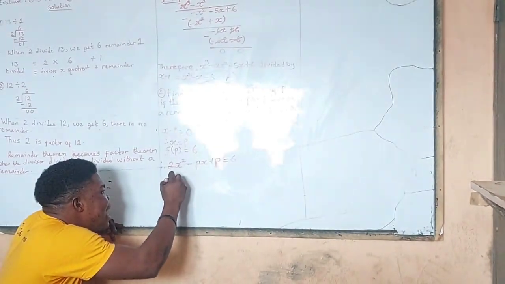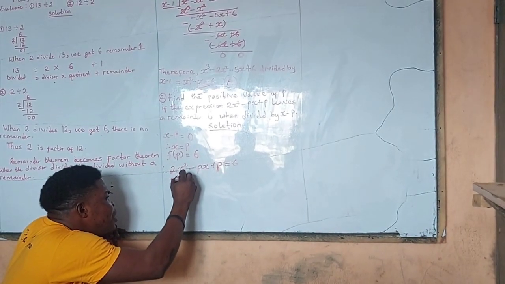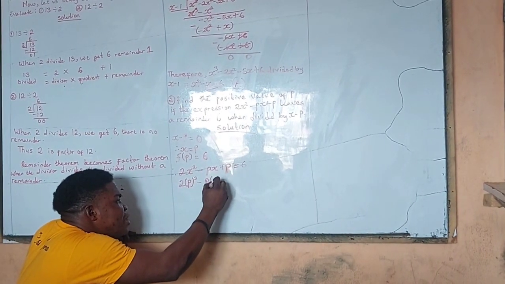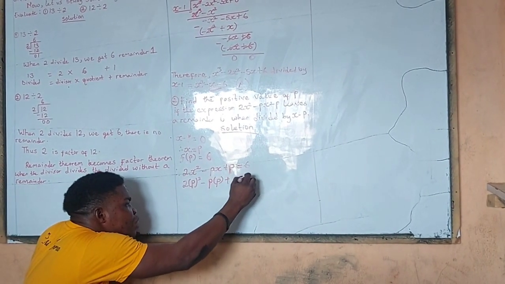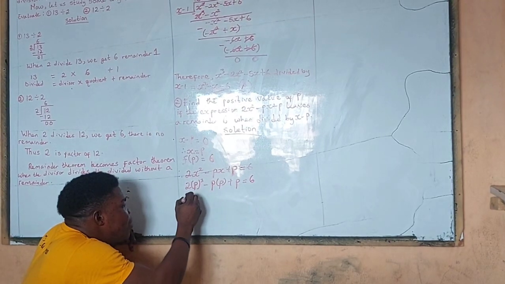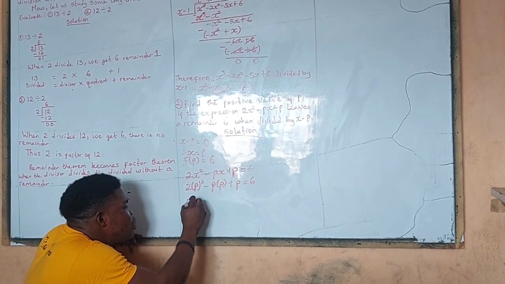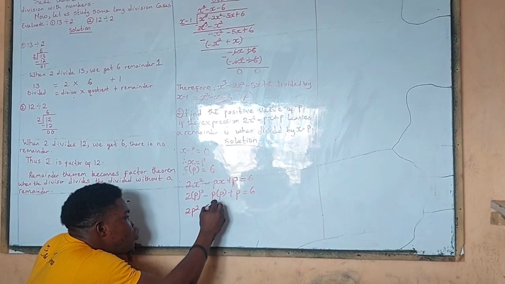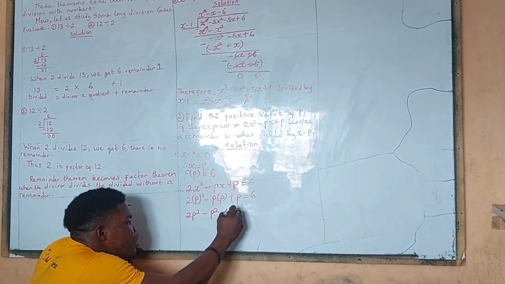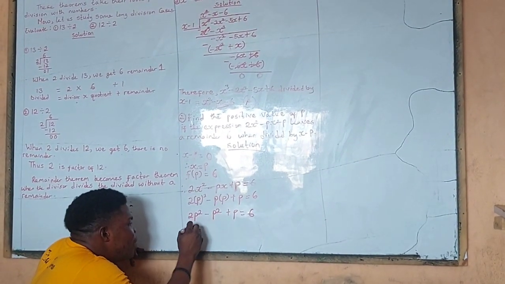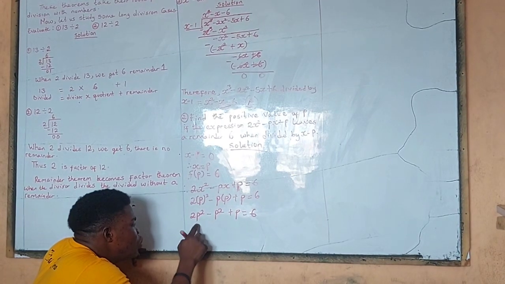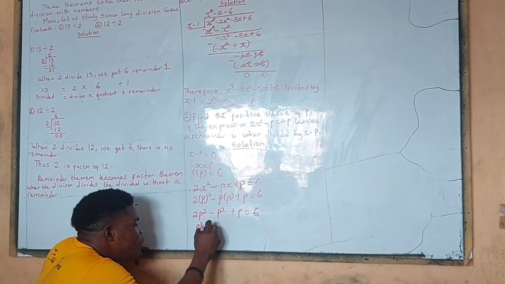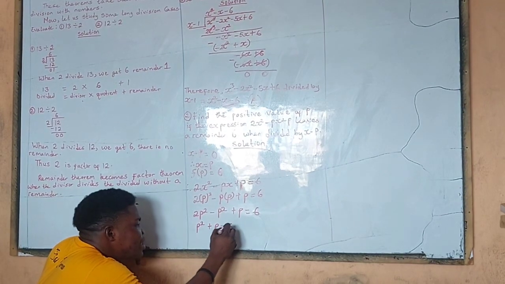So we have 2(p raised to power 2) minus p(p) plus p equals 6. Then we have 2p squared minus p squared plus p equals 6. From there, 2p squared minus p squared will be p squared, plus p equals 6.